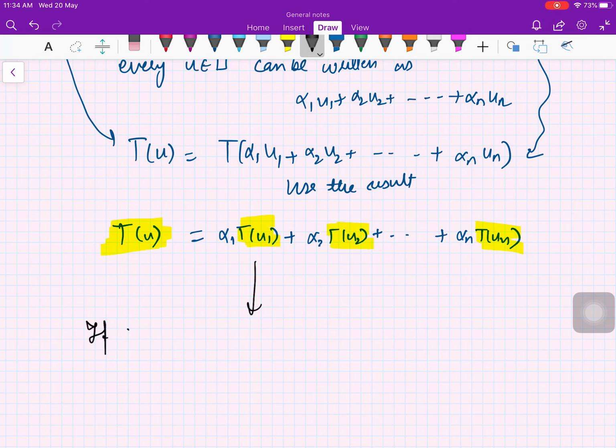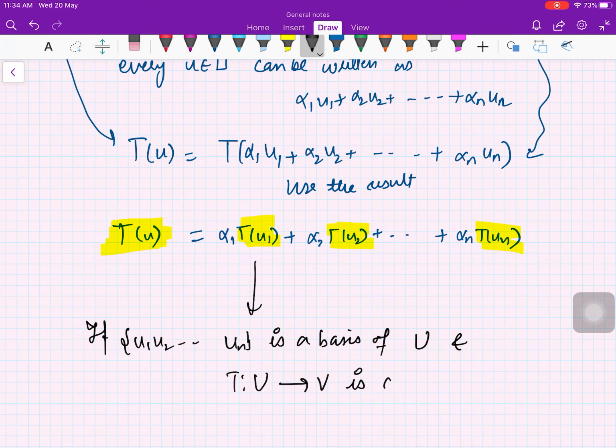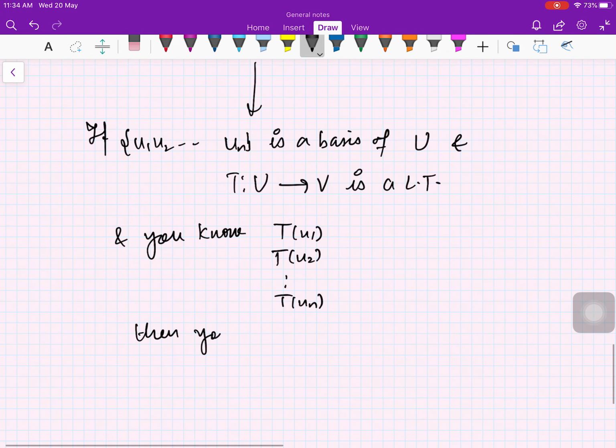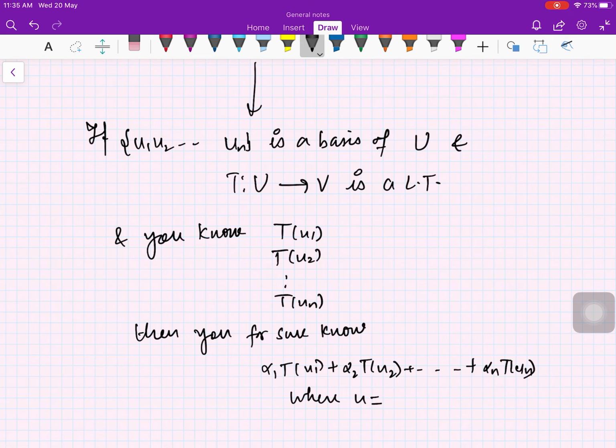So the conclusion is, if u1, u2, un is a basis of U and T from U to V is a linear transformation, and you know T of u1, T of u2 and T of un, then you for sure know alpha 1 T of u1 plus alpha 2 T of u2 plus alpha n T of un, where u is equal to alpha 1 u1 plus alpha 2 u2 plus so on alpha n un, and this quantity is equal to Tu, right?